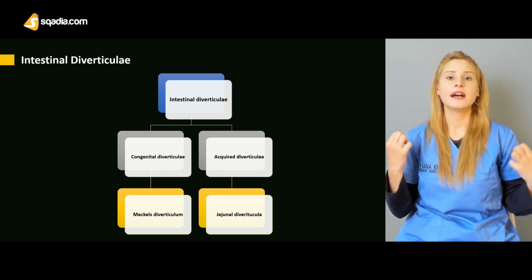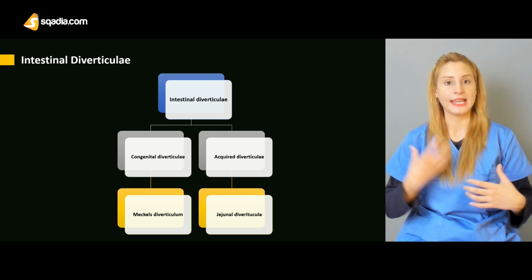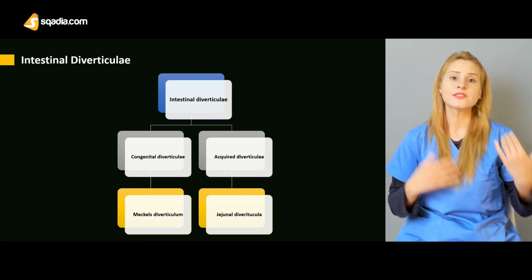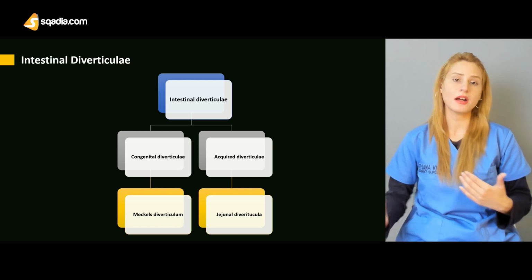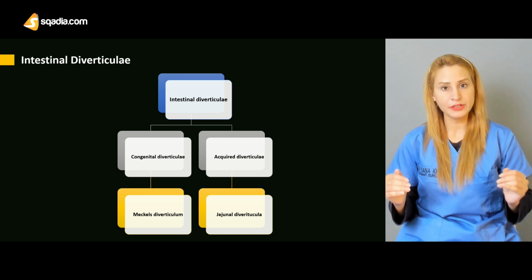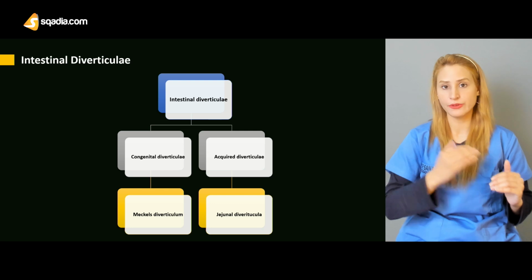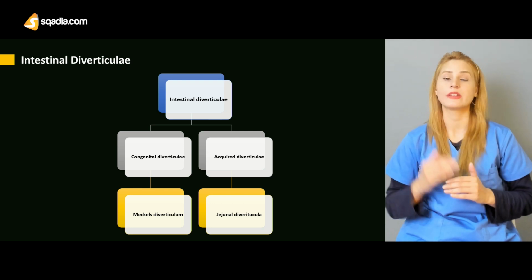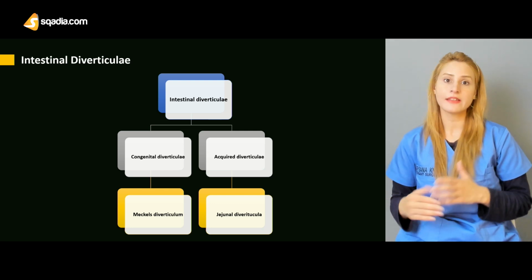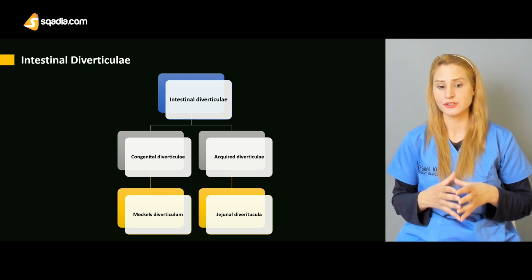Because of the stasis, when the intraluminal pressure rises and there is bacterial overgrowth, these are all factors responsible for the formation of the diverticulum. Remember that congenital diverticula involve all three layers of the intestinal wall, as compared to acquired diverticula, which consist of only one layer, most of the time a mucosal herniation.